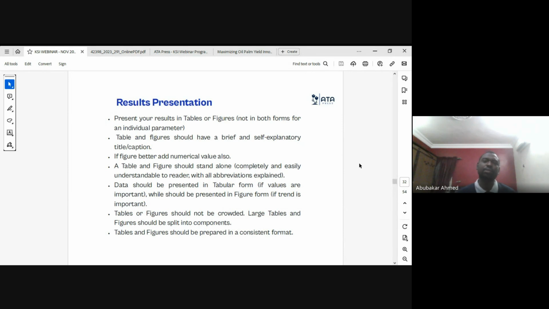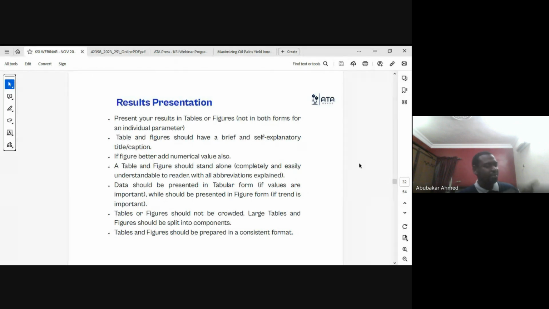But also, if you want to see the trend of a particular situation, for example, the trend of production, that one can be presented in figure form. For example, the yield we obtained in 2000, 2001, 2002, 2003, up to 2023. What are the yields that we have obtained in that particular period?